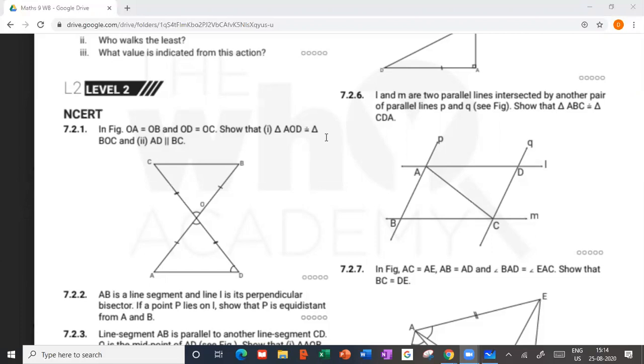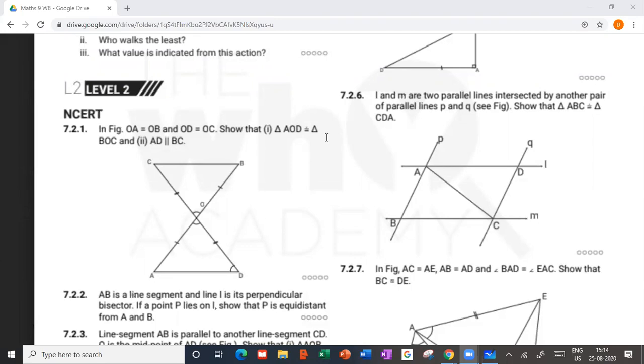Ma'am, I just have a doubt here. By CPCT we can only prove that they both are equal. If they are equal, we cannot say that they are parallel. I think here you can use the theorem which we had learnt in lines and angles, the fact that BOC and AOD are vertically opposite.